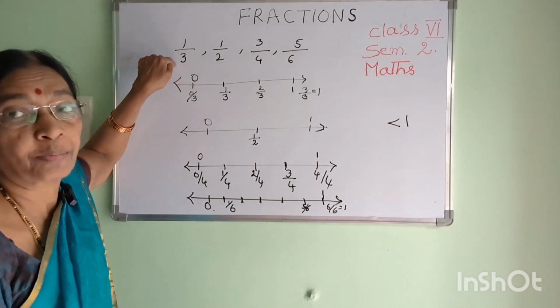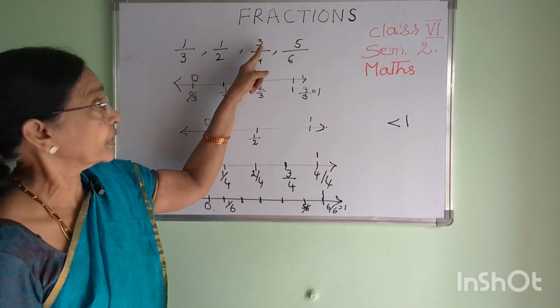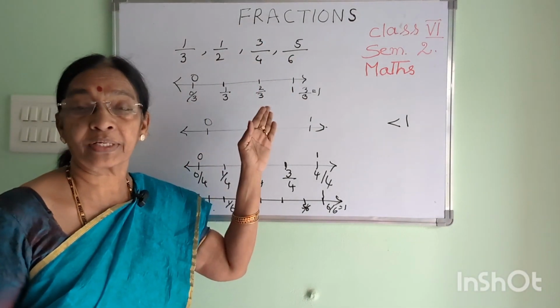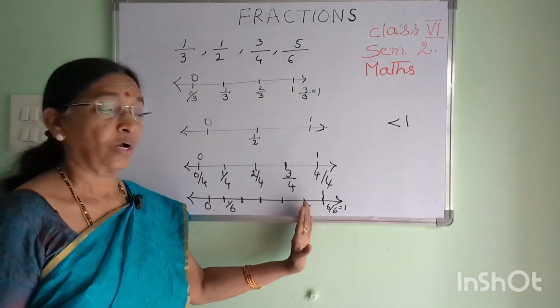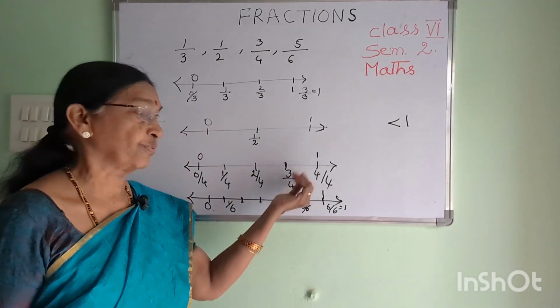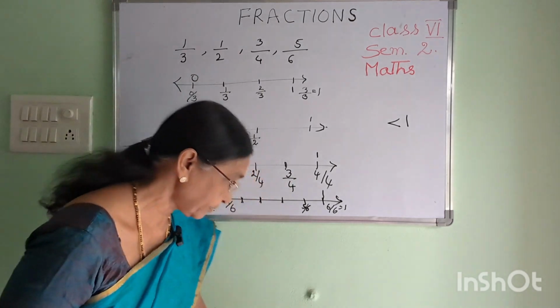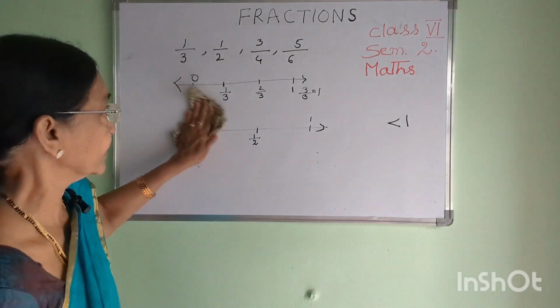Numerator 1, denominator 3. Therefore numerator is less than the denominator. Here also numerator is less than denominator. In all the fractions, the numerator is less than the denominator, and on the number line, they are before 1 or lying between 0 and 1. So their value is less than 1.